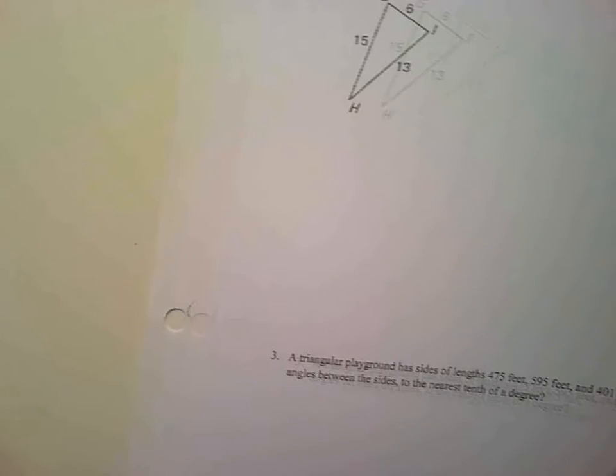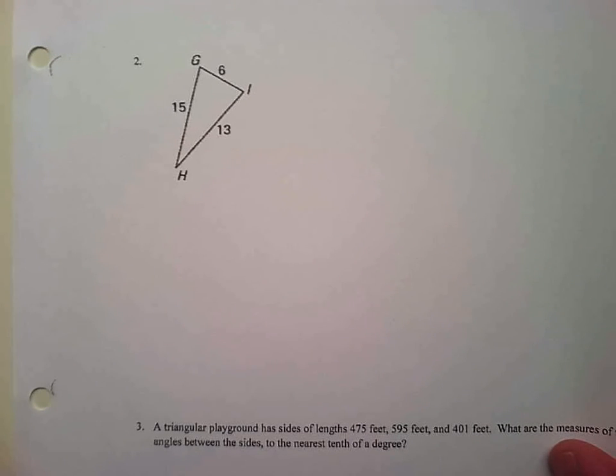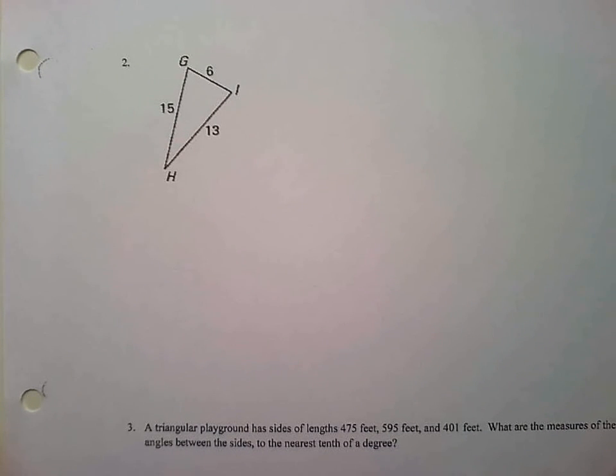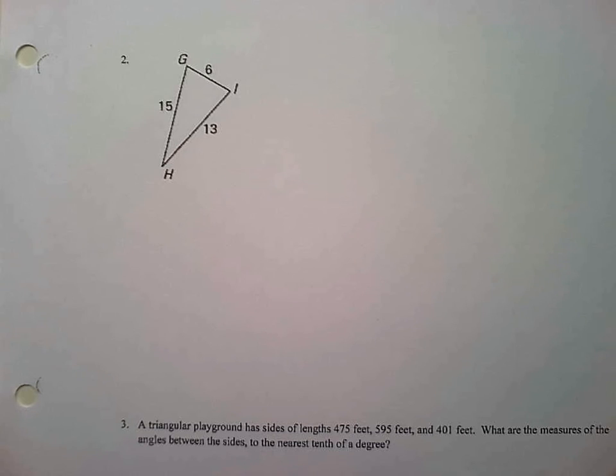Let's go on to the next one. Here we have a triangle G, H, and I. And we know the sides of this triangle, but we don't know any of the angles. So here we'll start off with not finding I, right?